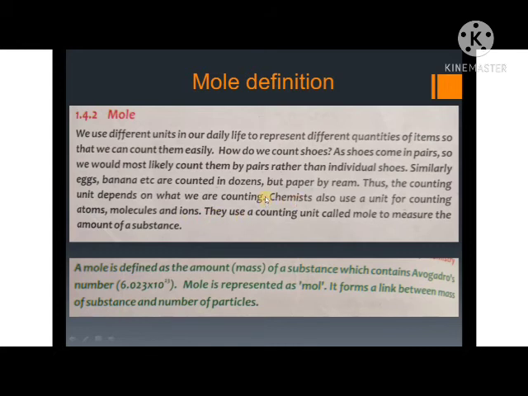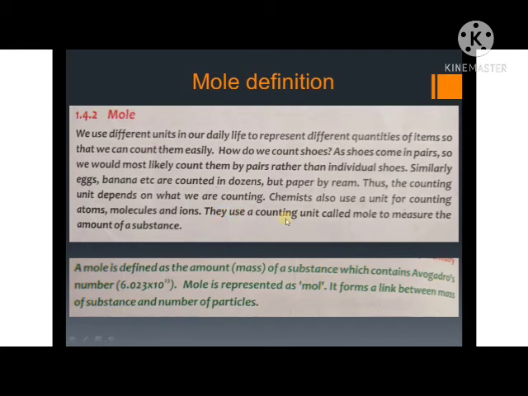But the chemist is the only person who deals with compounds, molecules, ions, atoms, species, radicals, free radicals. These are counted by a unit which is called mole, and this is equal to Avogadro number of particles.